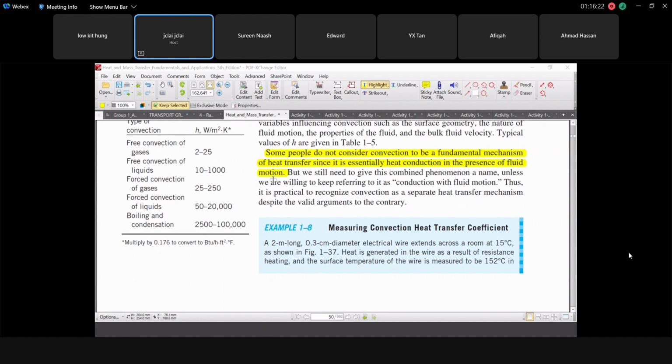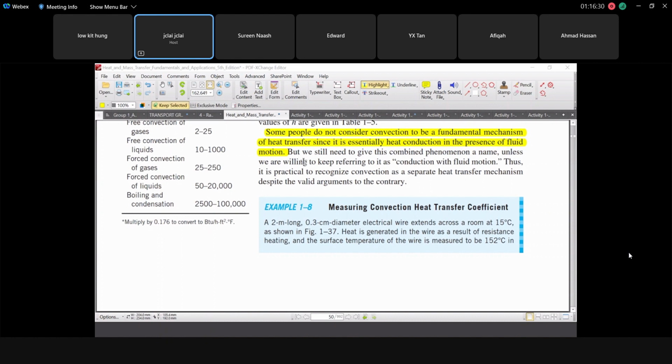But the textbook author explains that we still need to give this combined phenomenon a name, unless we are willing to keep referring to it as conduction with fluid motion. So it is practical to recognize convection as a separate heat transfer mechanism, despite the valid argument to the contrary.